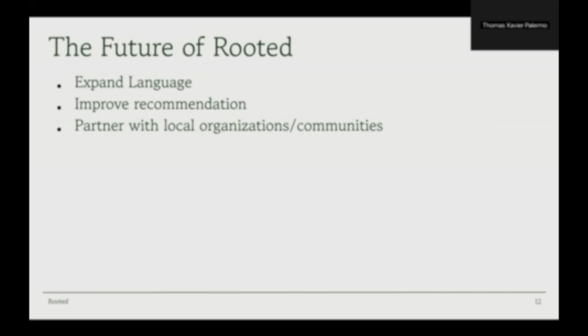And then finally, we think it would be great for the app to partner with local organizations and communities so that one, we can get the app into the hands of users, and also have a way for them to connect with local businesses and different immigrant groups and organizations so that they just have it as another tool in their toolbox.